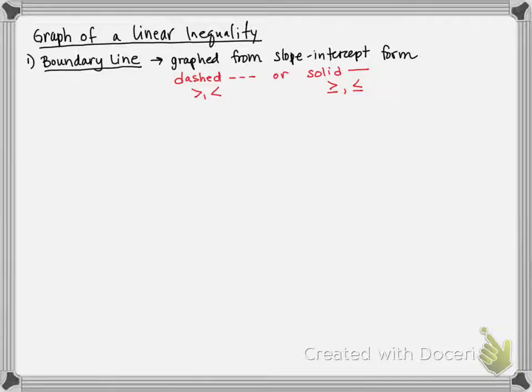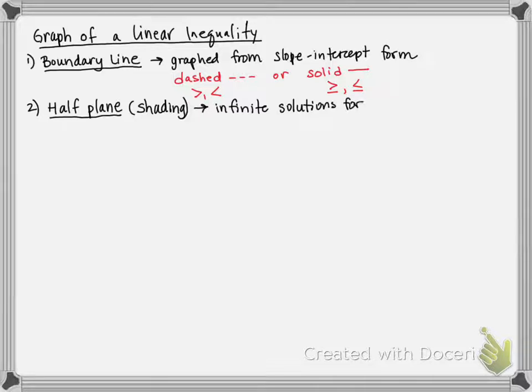Okay? Now, the other thing I didn't give a word to was, what do we call the shaded part? It's called a half plane. So that is where we do the shading. Okay? So it's the infinite solutions for the linear inequality.